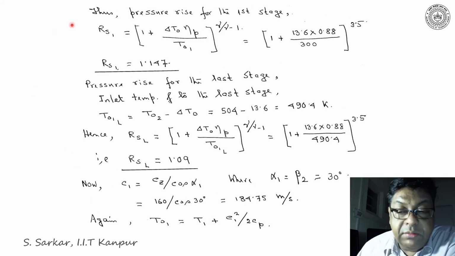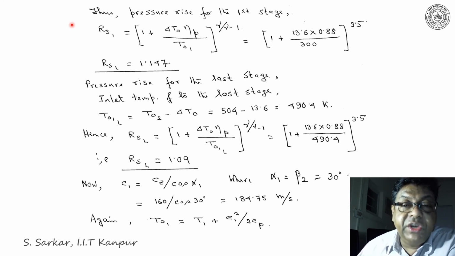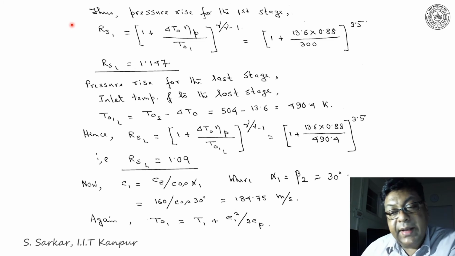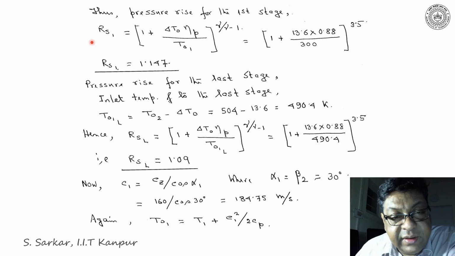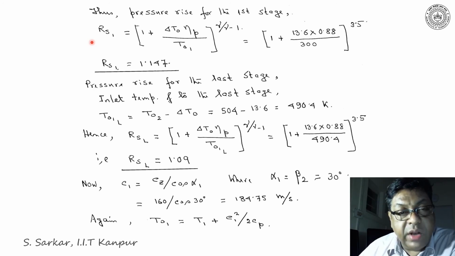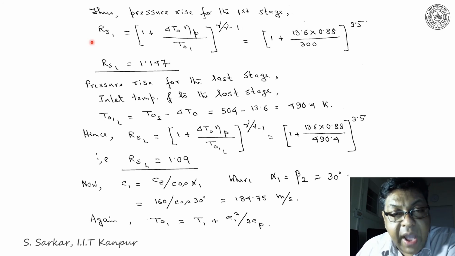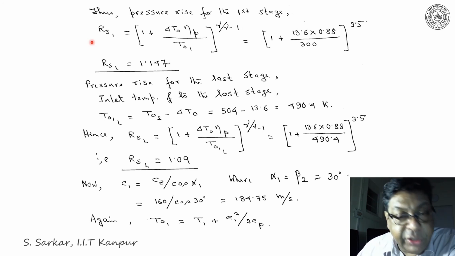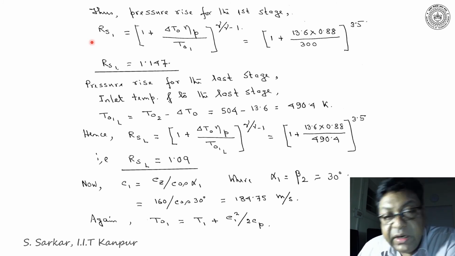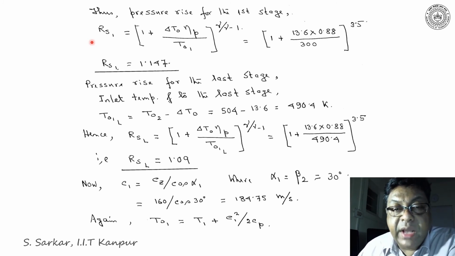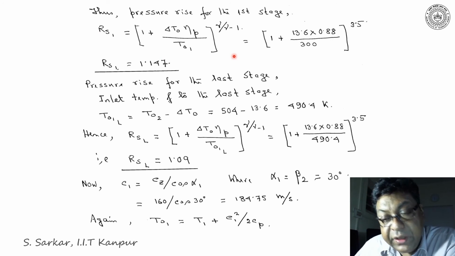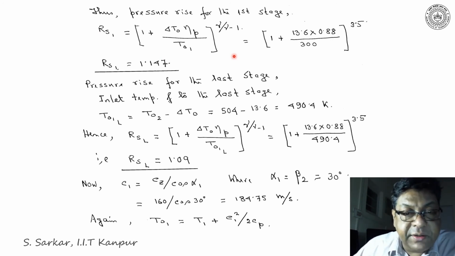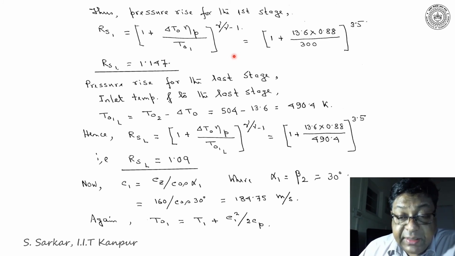I'll have to evaluate now the pressure ratio for the first and the last stage. Thereby the pressure ratio for the first stage can be stated as RS1 is equal to, within bracket, 1 plus del T0 into eta P divided by T01, to the power gamma by gamma minus 1. This relation I have proved, where del T0 is the temperature rise per stage, T01 is the total temperature inlet to the stage.